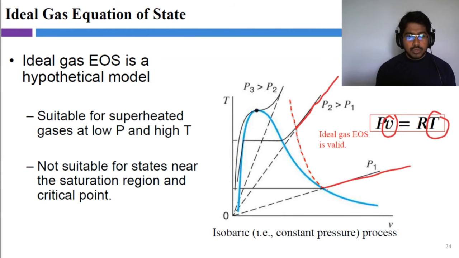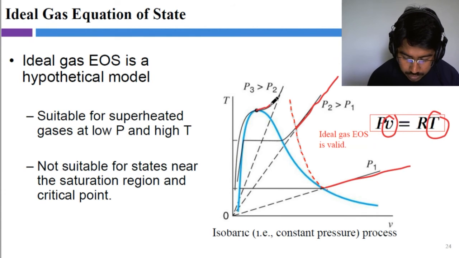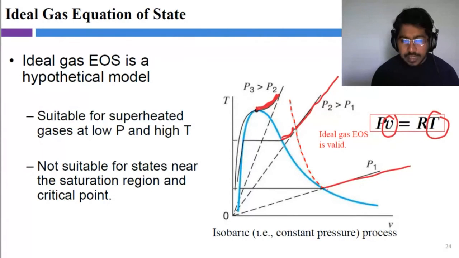Specifically, this is not suitable for states near the saturation region and critical point. Why is that? You can see the reason. It is a curve, right? When it is curving, it's not suitable. At very low pressures, it can go a little closer to the saturation vapor line, but in general, it's not suitable to use the ideal gas equation near the saturation line or critical point, right?